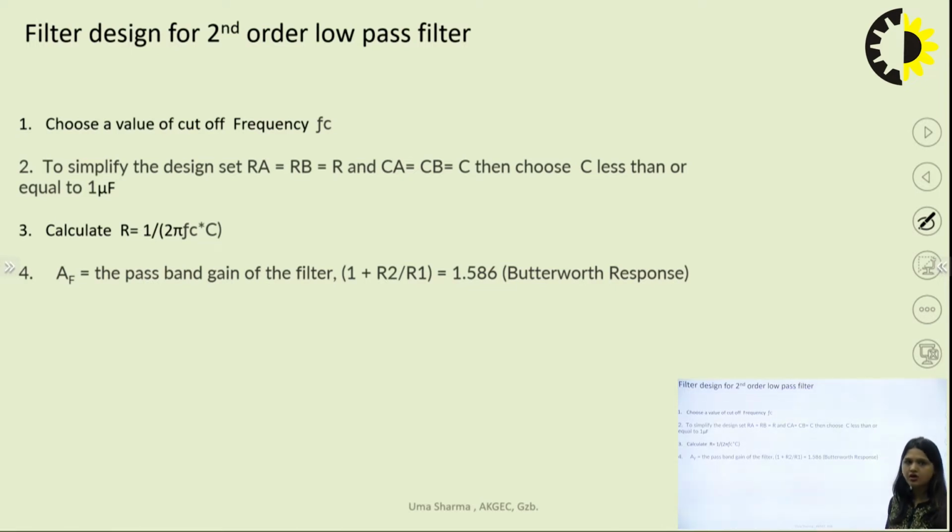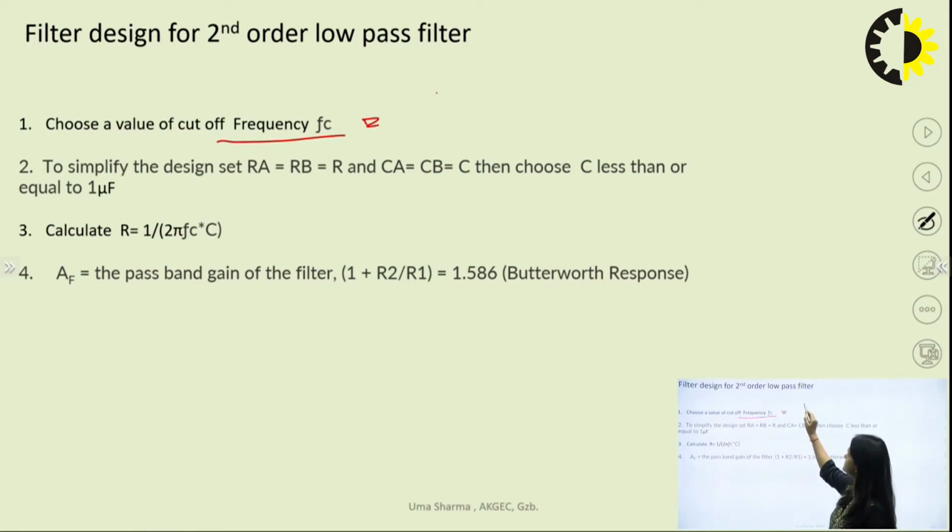Now the question is how you can design a second order low pass filter. If the cutoff frequency is given, easily you can design a second order low pass filter. So these are the steps. Just select the cutoff frequency. If FC is given, you know the formula that FC equals 1 upon 2 pi RC.